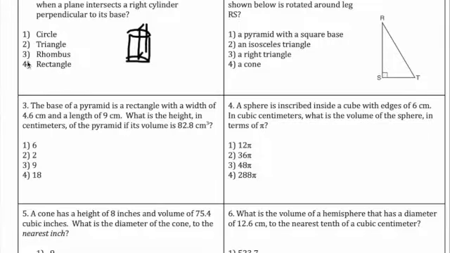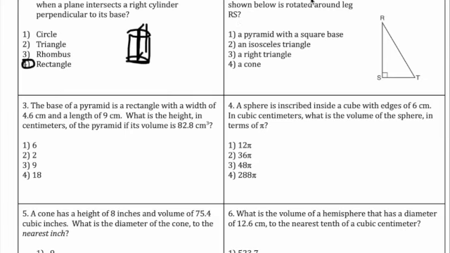And it would be a rectangle, okay, perpendicular to the base. The base is a circle. Well, it's the two circles, right? Our bases, and perpendicular means it's going to be forming a right angle with the base. Okay.